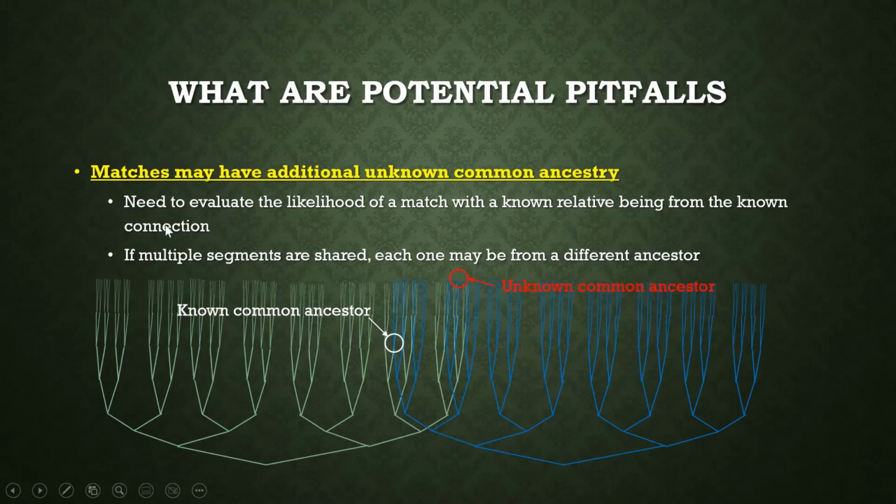So whenever we have a DNA match, we need to evaluate the likelihood that we might have some unknown relative that is the source of the connection instead. If you have multiple DNA segments shared with a match, each one might be from a different ancestor. Most of the time all your segments will be from the same source, but that's not always the case. And so we just have to be wary of those assumption pitfalls.